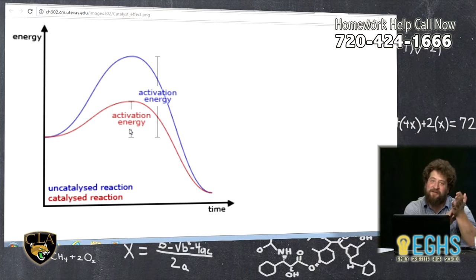The catalyzed reaction, shown in red, requires much less activation energy, and that's because the catalyst is there helping along. It can be something like the fact that a catalyst might have a charge, so that charge might be helping in some way. Or the shape of the catalyst. If the catalyst is a complex molecule, like all of us inside of our bodies have chemicals which act as catalysts, biocatalysts, to reactions, and those are typically very complex proteins.